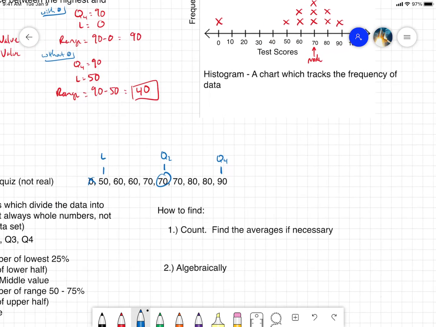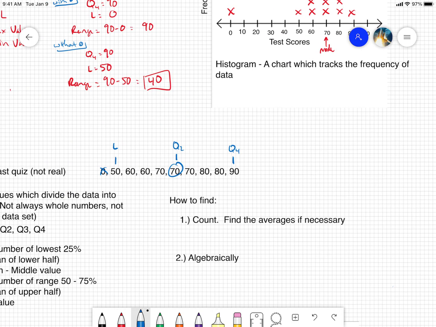If I want to find Q1 and Q3, I need to count. That's the easy, quick and dirty way. But a key note, and why I wanted to include this: if 70 is part of my data set, we actually don't even look at that value, so we don't include the median.